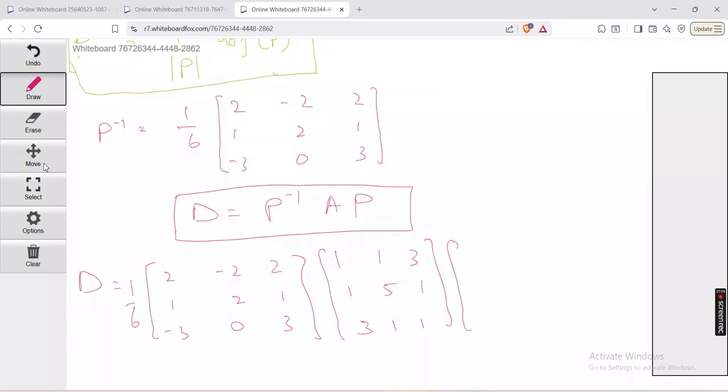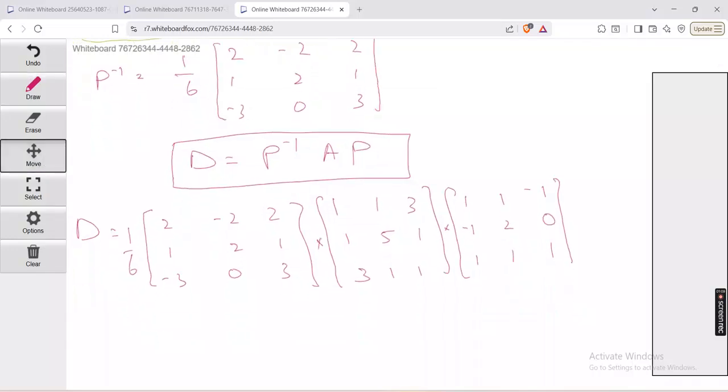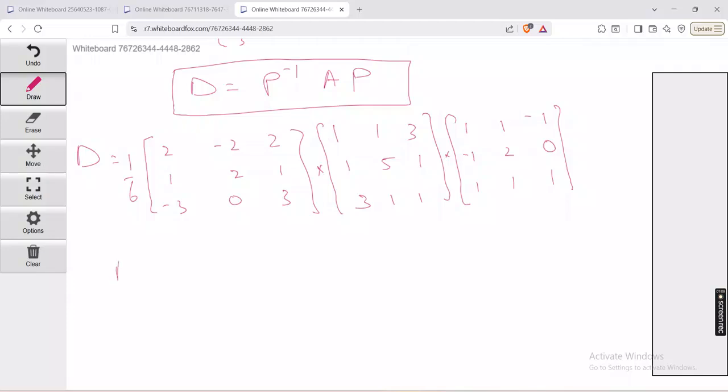And the P matrix, which is the answer of our eigenvectors: 1, -1, 1, 1, 2, 1, -1, 0, 1. So you have to multiply all of them to each other. And once you multiply it, you will get your diagonalization matrix 3, 0, 0, 0, 6, 0, 0, 0, -2.